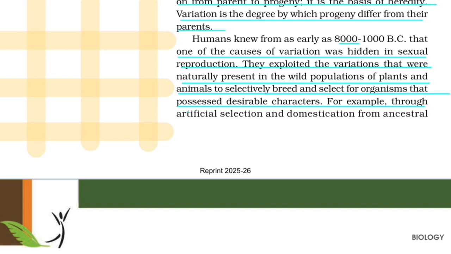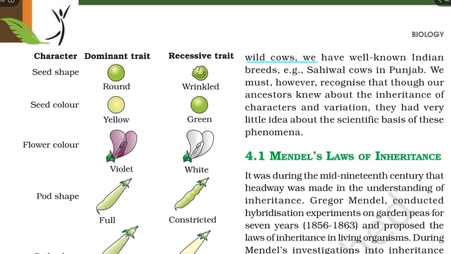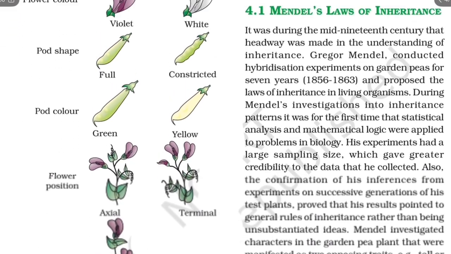For example, through artificial selection and domestication from ancestral wild cows, we have well-known Indian breeds like Sahiwal cows in Punjab. We must however recognize that though our ancestors knew about the inheritance of characters and variation, they had very little idea about the scientific basis of these phenomena.